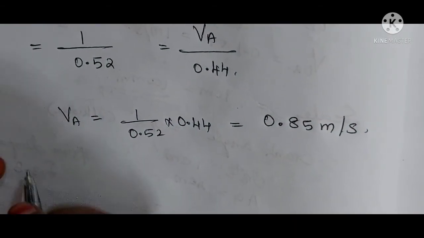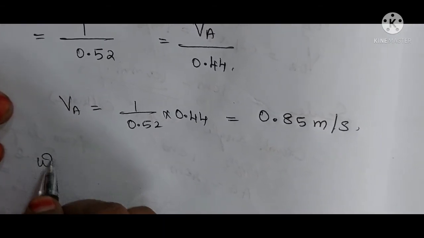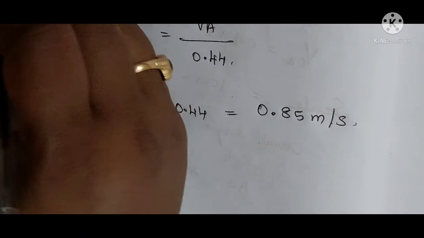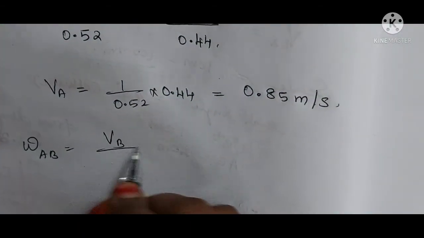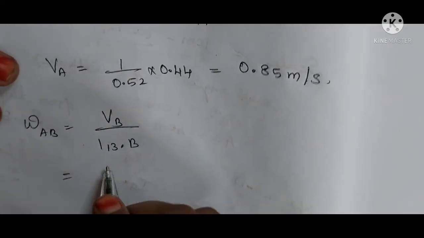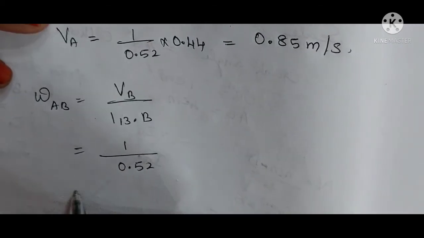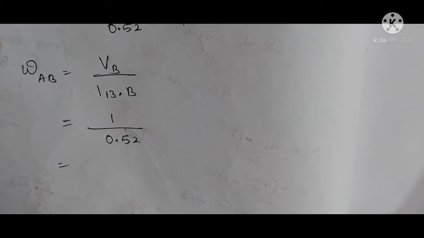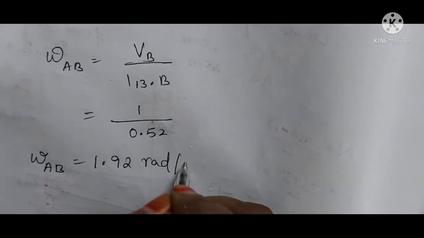Then now the angular velocity of the connecting rod AB. With the help of this equation, by equating these two, we will get omega AB equal to VB by I13 dot B. VB is already known, that is 1. I13 dot B is 0.52. By calculating this, we will get omega AB equal to 1.92 radians per second.